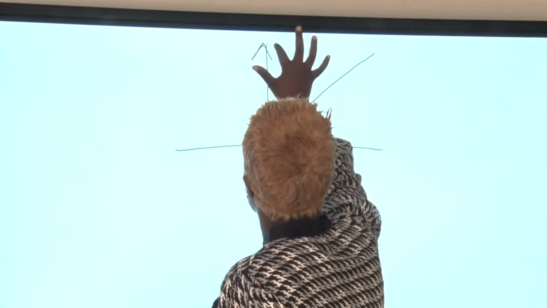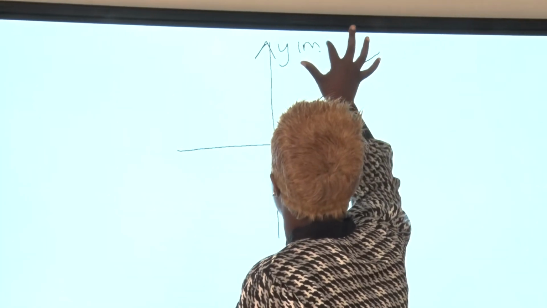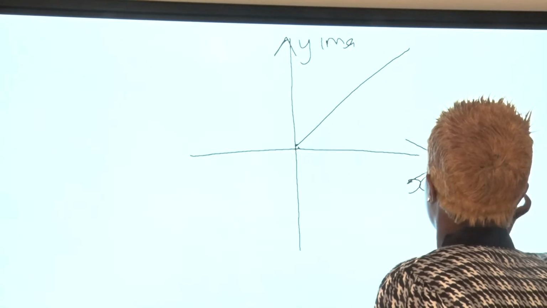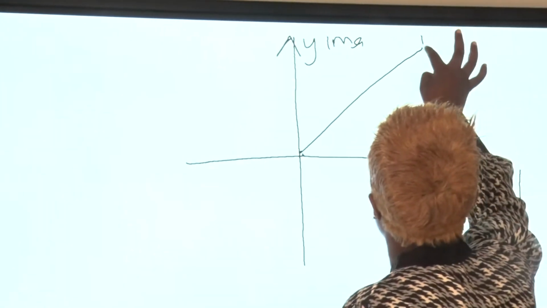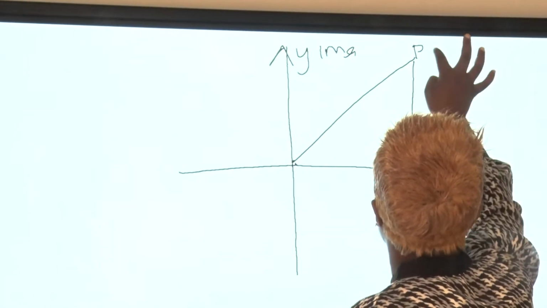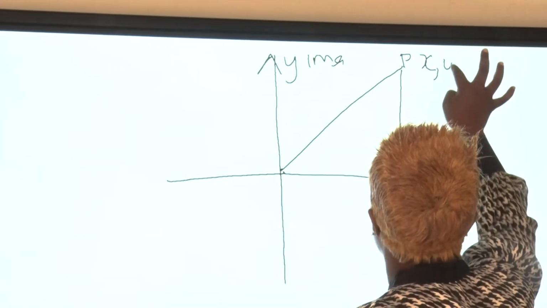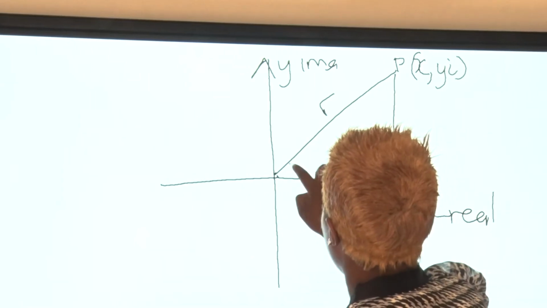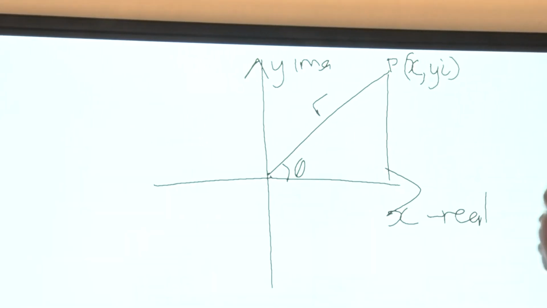This one is our y-axis, which is the imaginary, and this one is our x-axis, which represents the real. We have a point P here, which has coordinates x and y, and we have this one as our r and our angle here.